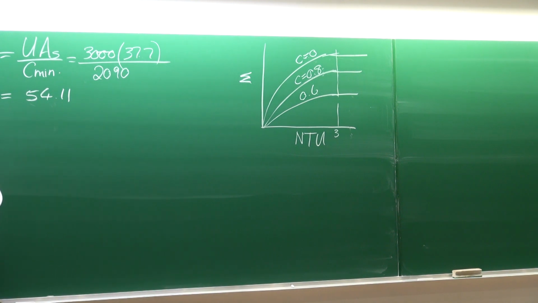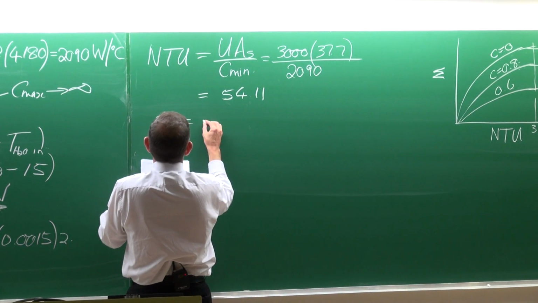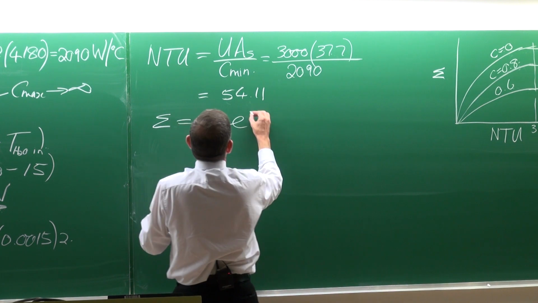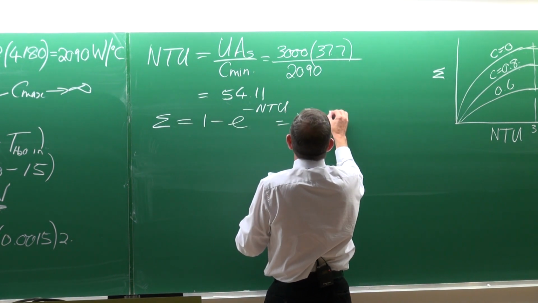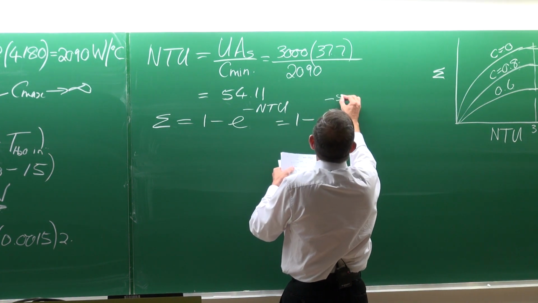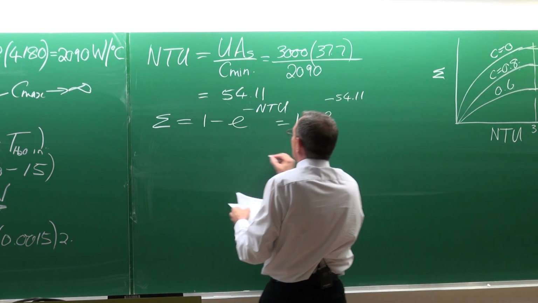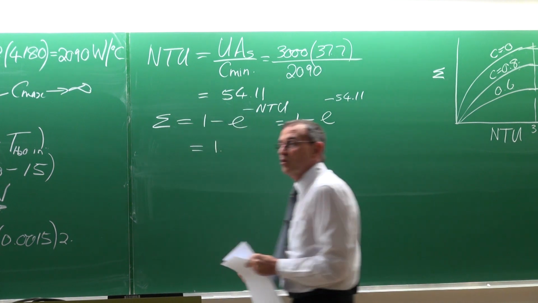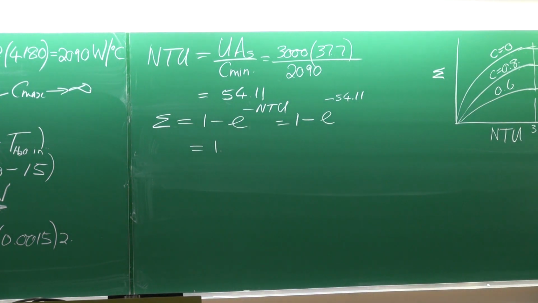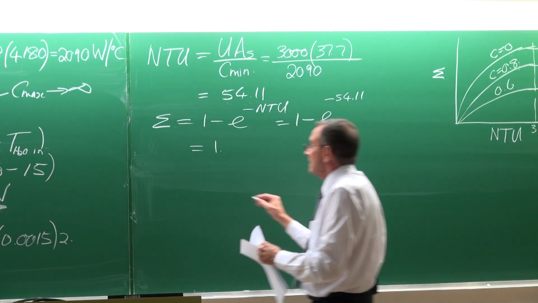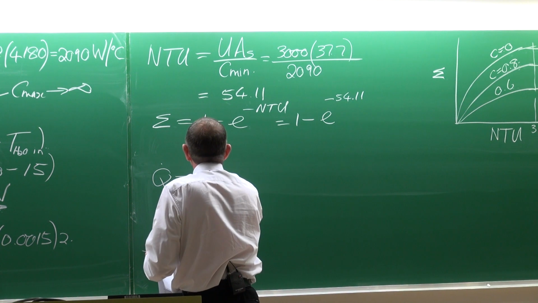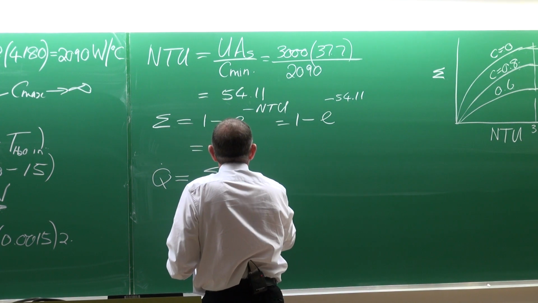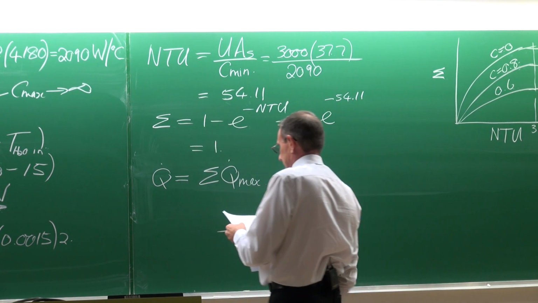54.1. So if we now calculate the effectiveness, which is equal to 1 minus E to the minus NTUs, is equal to 1 minus E to the minus 54.11, and the result is equal to 1. Effectiveness is 1. Thus, if that is so, then the total heat transfer rate would be equal to the effectiveness multiplied by Qmax.